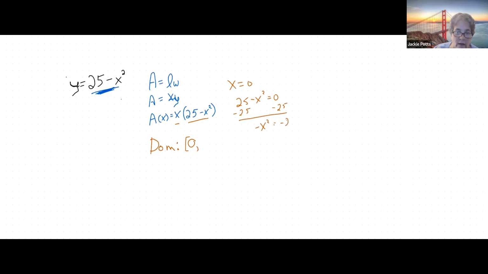I divide by negative 1. So I end up with x squared equals 25. Now, when I square root it, I end up with x equals plus and minus 5. But the problem is, can I have a negative 5 for an area? The answer is no. So that part doesn't work. Only the plus does. So it's from 0 to 5. All right. So there's my domain.